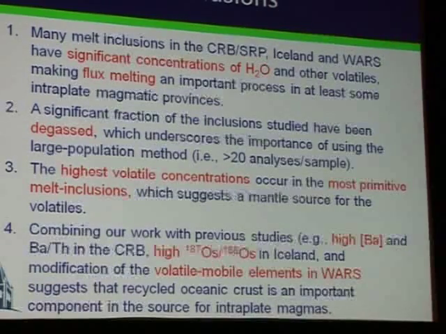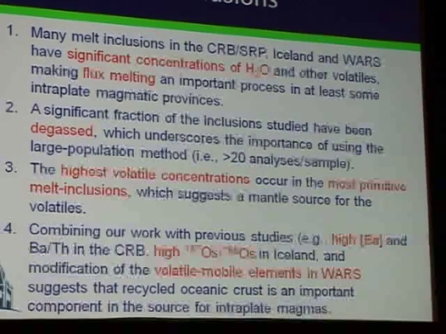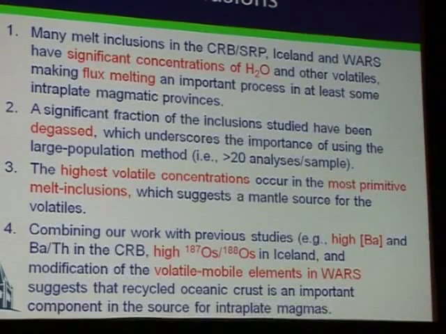I would also say that it's important to point out that a large number of these melt inclusions in any sample have been substantially degassed, and therefore for you to be able to tell roughly how close we can get to magmatic conditions, it requires that one uses the population method by analyzing a minimum of 20 melt inclusions before you get a pretty good handle on how much water there might be.